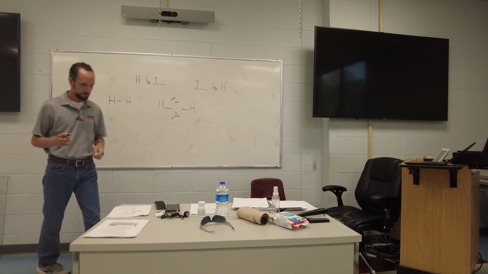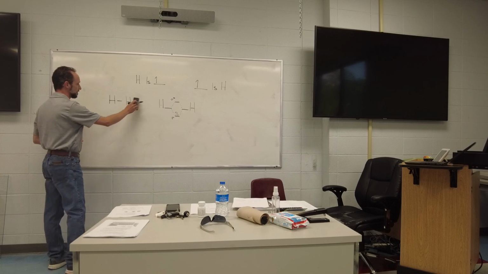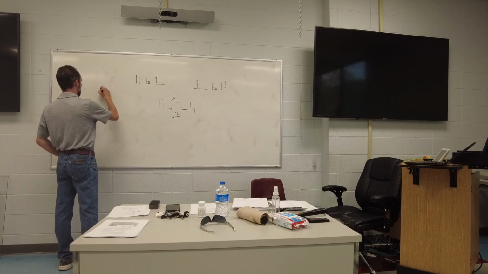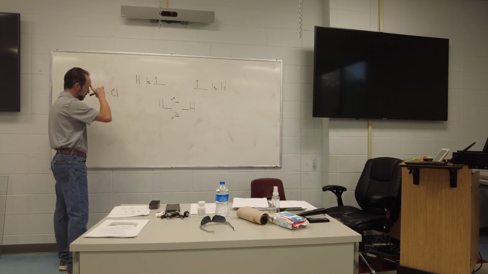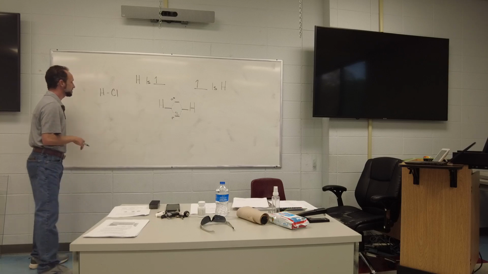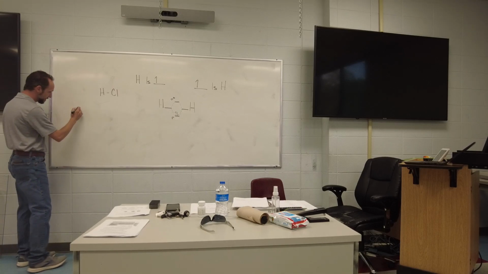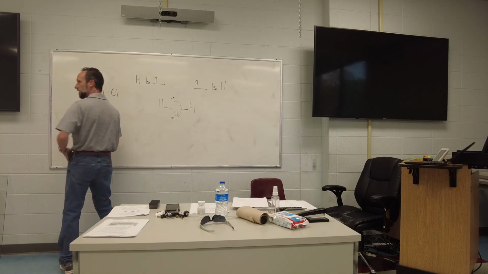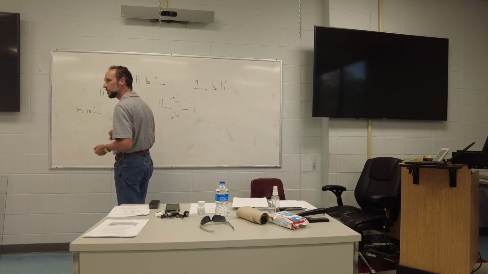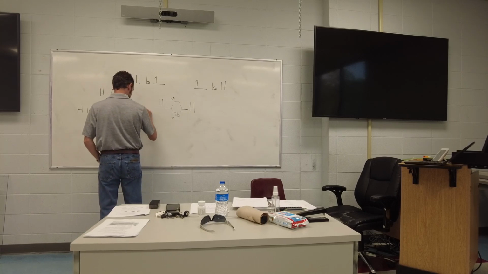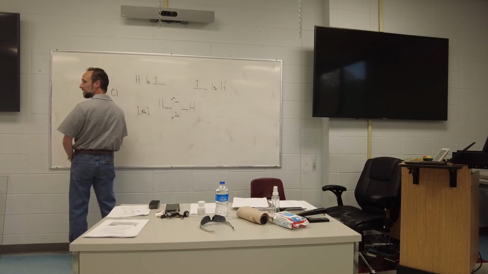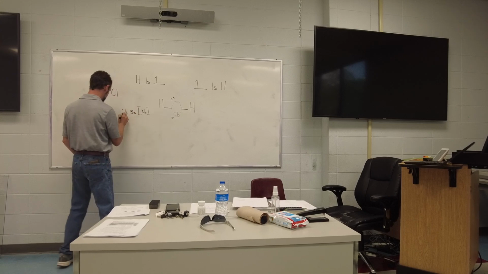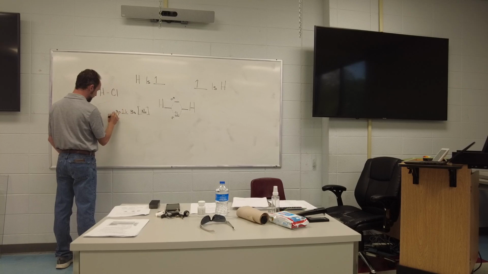Let's look at another one. Let's consider hydrogen chloride. It has a single sigma bond in the middle of it. Now, hydrogen has the 1s electron. Chlorine, we're going to do just the valence shell, so it's the neon configuration, and that is 3s, 3p.